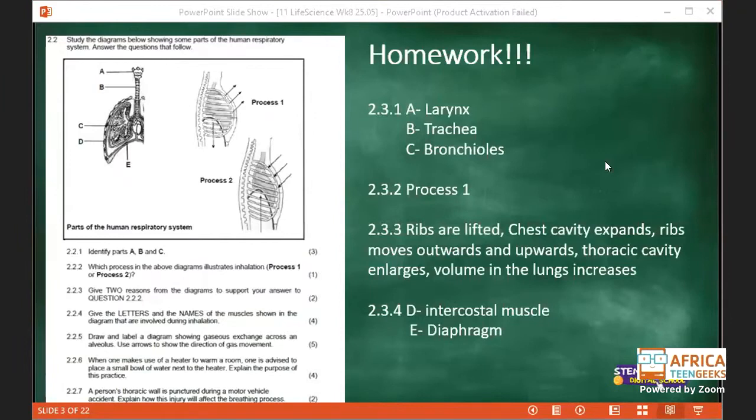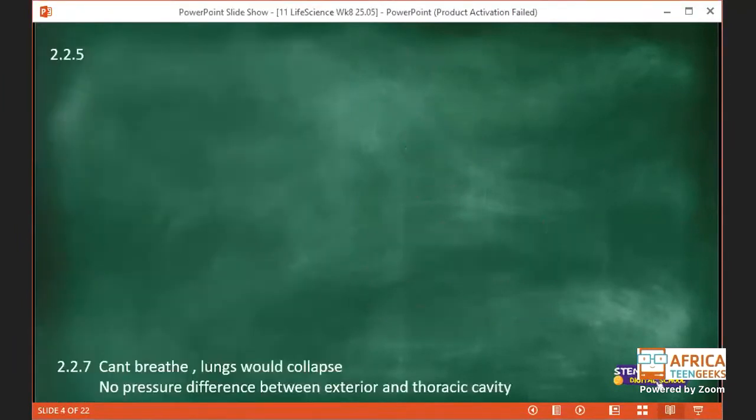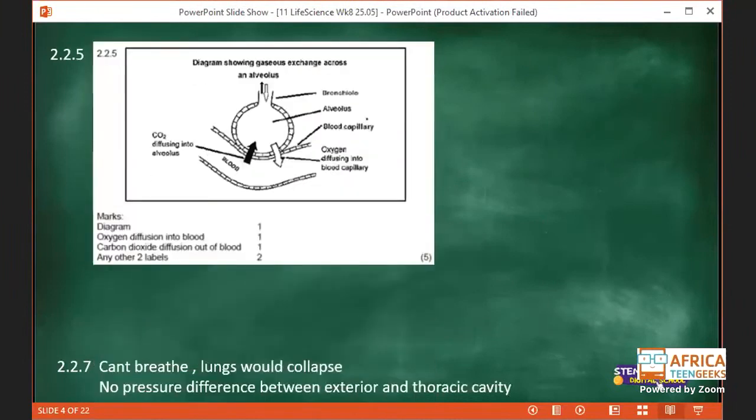Please send through your answers for question 2.2.6.